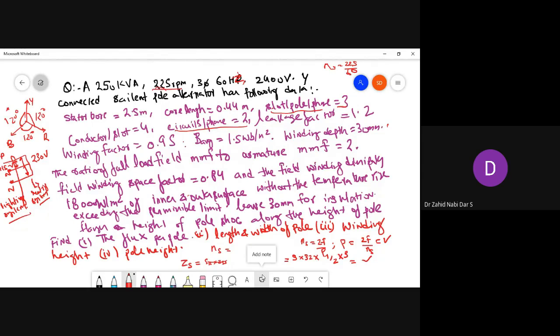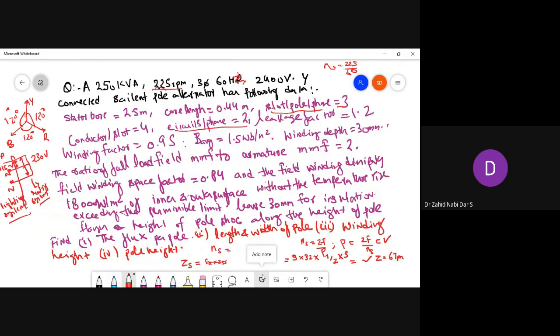Now, Z, the number of conductors, is 6 times the turns per phase, so you can calculate the turns per phase. Once you have calculated the turns per phase, the turns are connected in essentially two parallel paths. It is a Y connected system, so you divide the line voltage by root 3 to get the phase voltage.